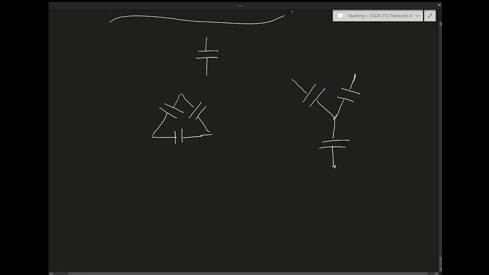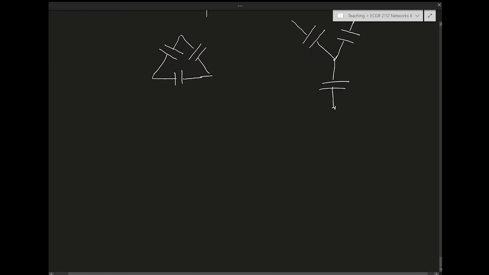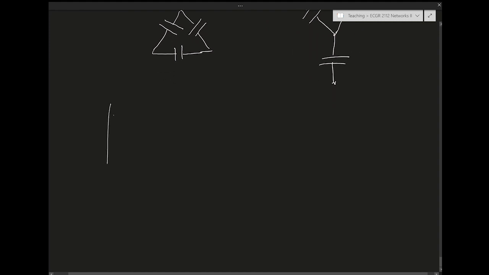All right, so the example is as follows. We have a three-phase source. Of course, it's all balanced. Solving unbalanced systems is way more complicated, and we're not covering that right now. We're only limiting ourselves to balanced circuits.